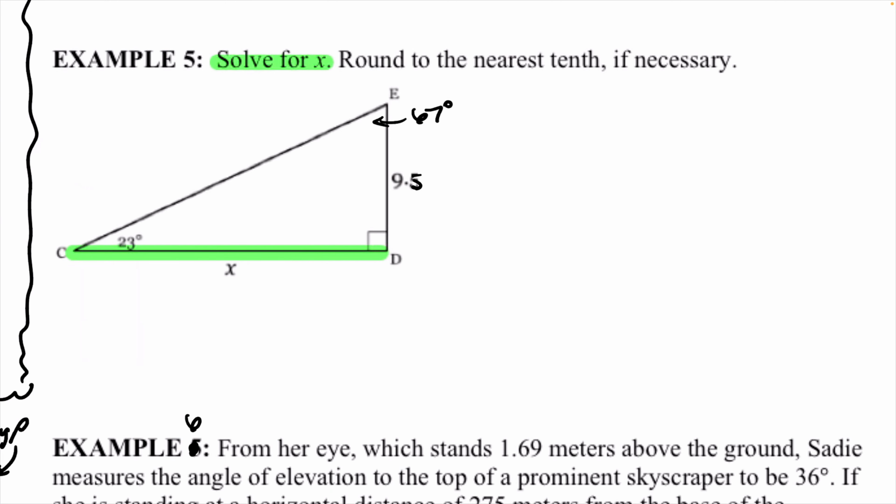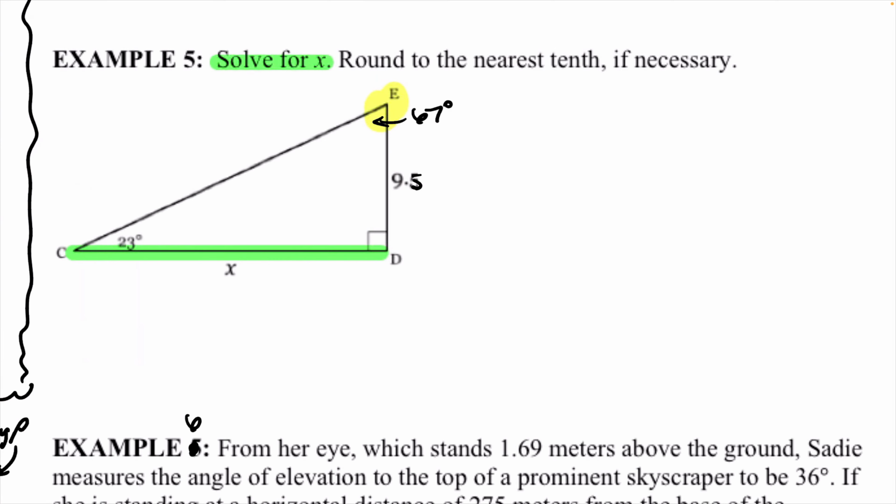For argument's sake, I'll pick E. So from E, the missing side is what? Opposite, adjacent, or hypotenuse? Opposite, right? 9.5 is opposite, adjacent, or hypotenuse from E?